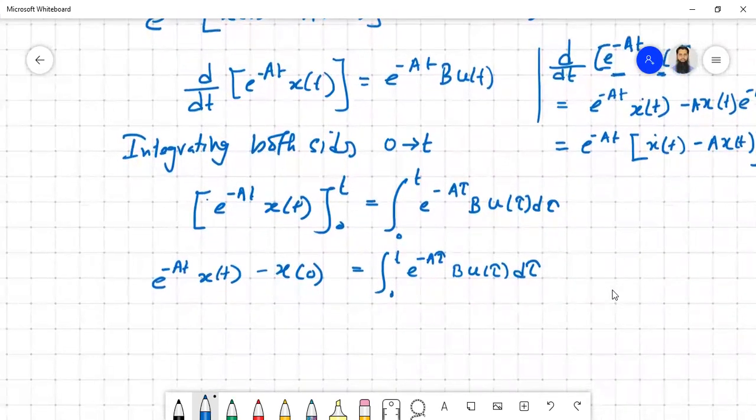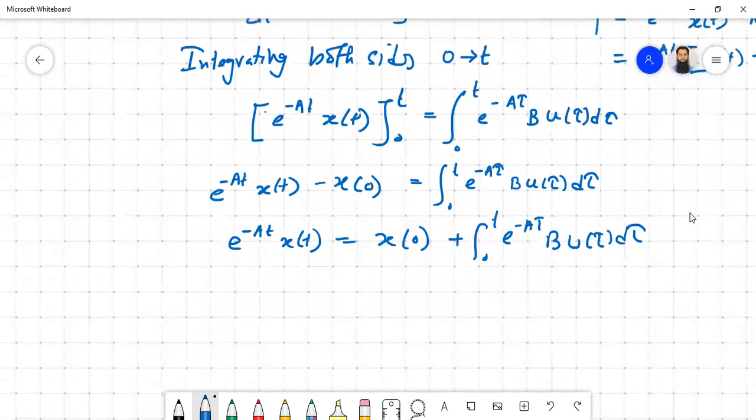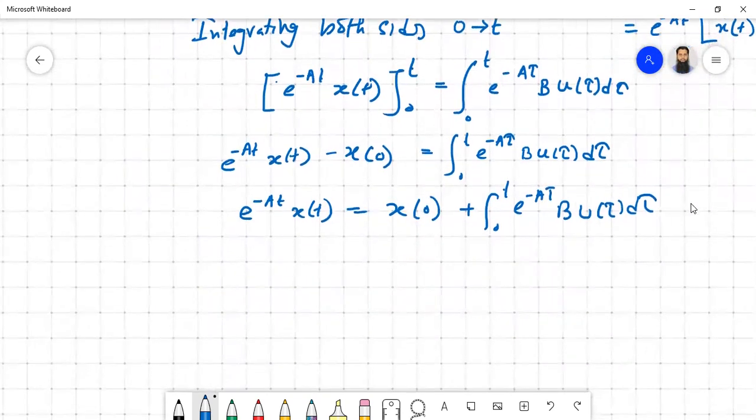Okay, so you take x0 to the other side, so it is minus a t xt equal to x0 plus integration. So now we can take e to the power minus a t to the other side. That will give us something like this: x t equal to minus a t will be going to plus a t.